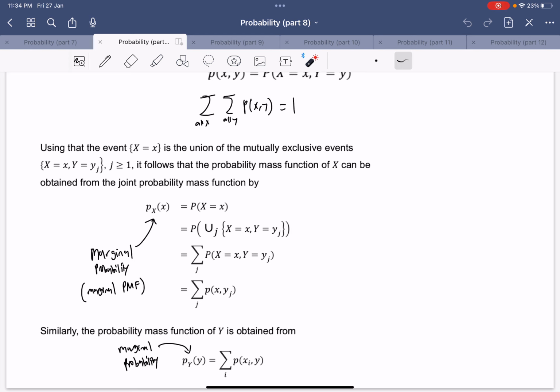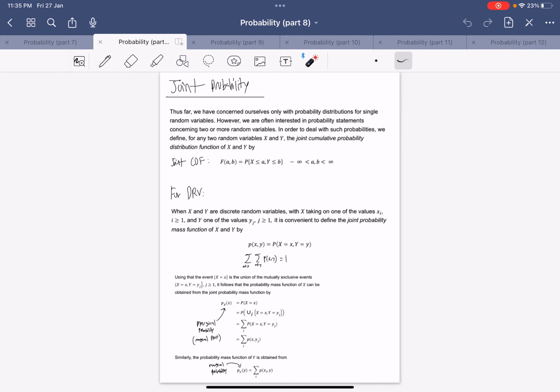Really we're just taking the probability of the union of all the y's of this event, and that reduces to the sum of the probability that X equals x and Y equals y_j. This is then the joint PMF. When we get the probability mass function of X like this, knowing there are two or more random variables, we call it the marginal probability. Similarly, the marginal probability for Y can be obtained by summing over all x's for a fixed y.